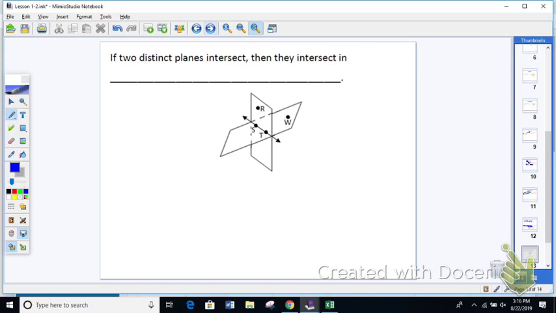Where are those 2 pieces actually touching or intersecting? Anyone have an idea? What do you think, Jean? Where the line is. Okay, very good. They intersect at this line. So they intersect in exactly one line.